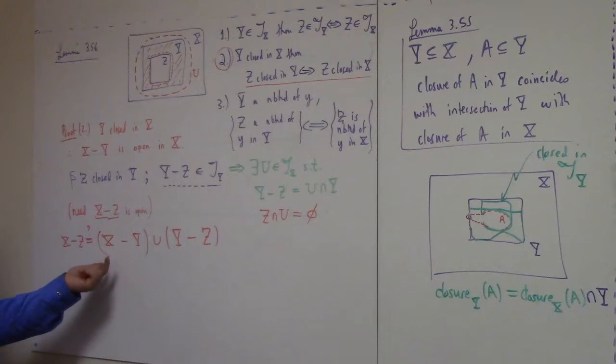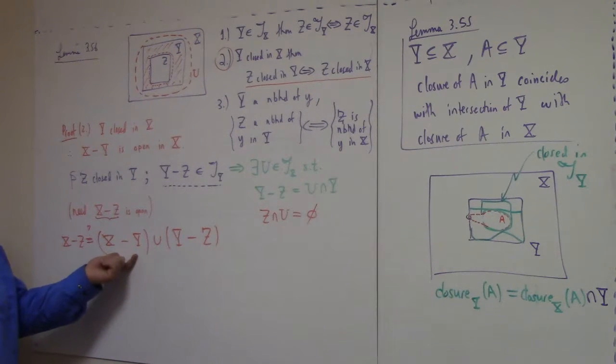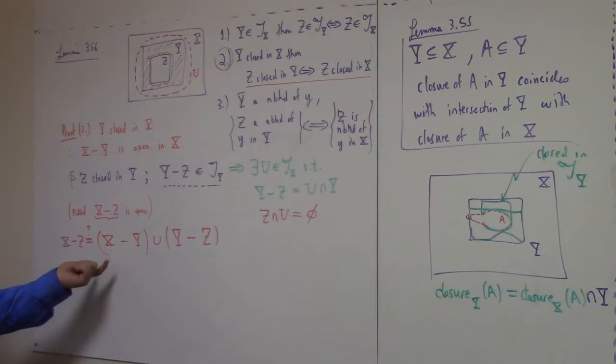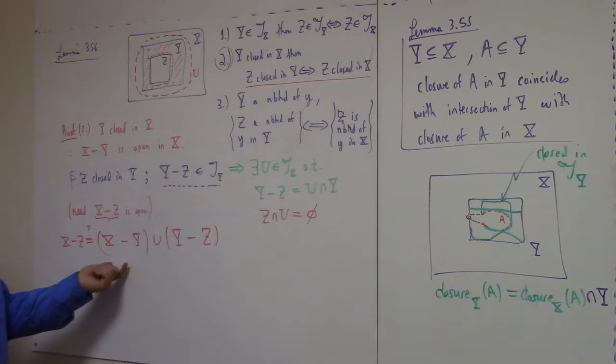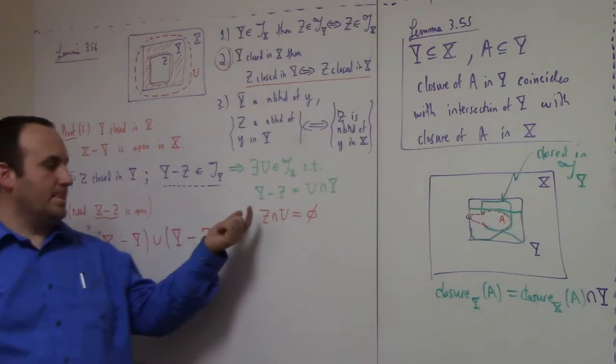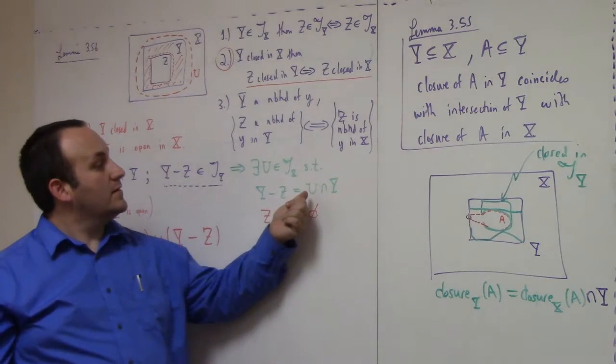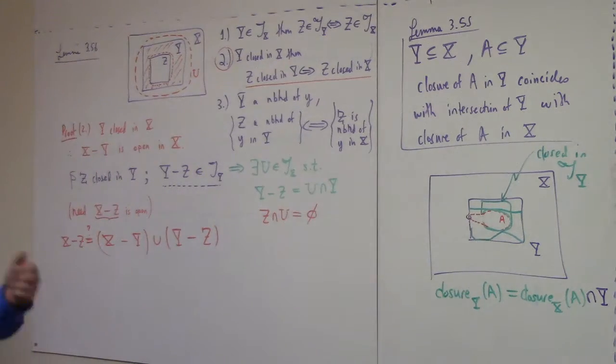Yeah. Why does that? C is a union of two open sets. Oh, right. Well, remember, the Y is closed.